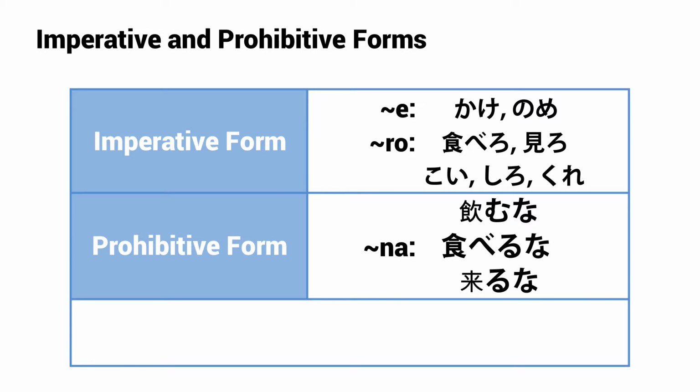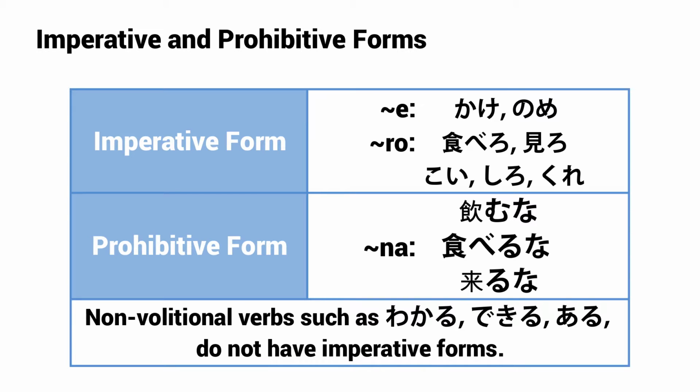And the plain prohibitive form ends with na. Note, non-volitional verbs such as wakaru, dekiru, aru do not have imperative forms. Now, let's see how these verbs are used, which brings us to our next topic.